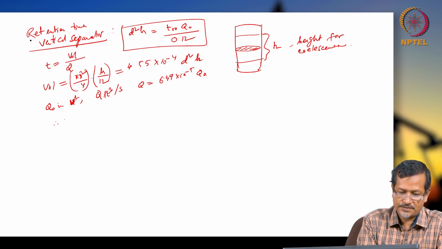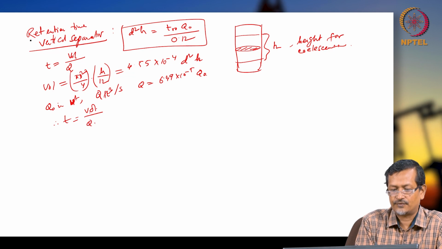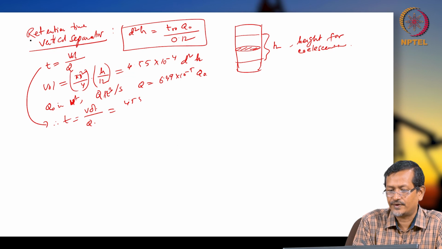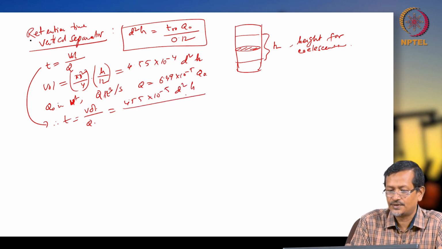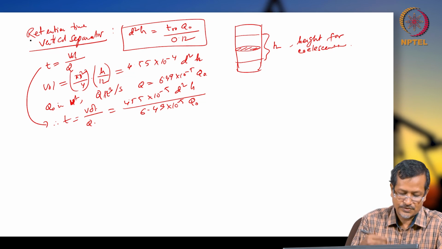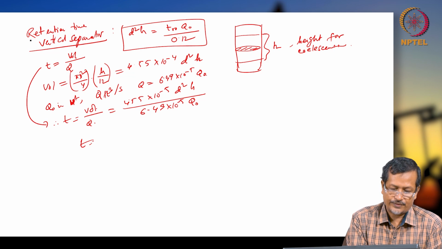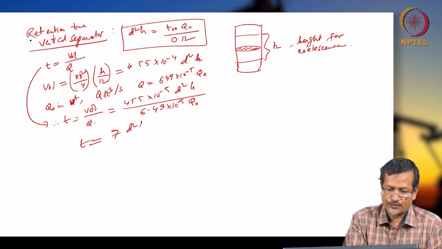Therefore T equals volume per flow rate. So volume I got 4.55 into 10 power minus 4 d square h, divided by flow rate 6.49 into 10 power minus 5 QO. If we equate this, we get T equals 7 d square h over QO.